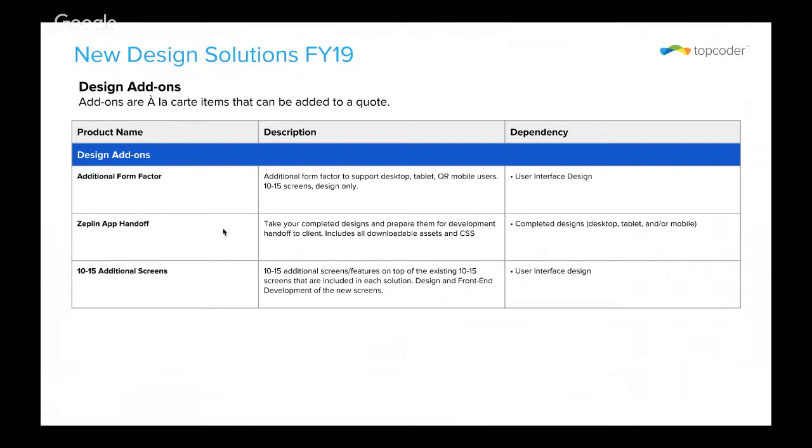So again, we're turning this into more of a real item that we can offer to our clients. And then things like additional screens. So going above and beyond the 10 to 15. What does it look like to add an additional 10 to 15 screens to a project? Again, we can add this onto a design solution.